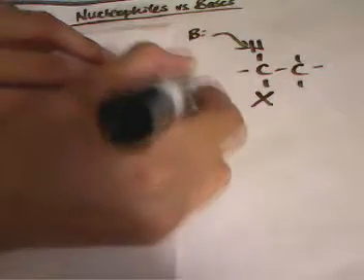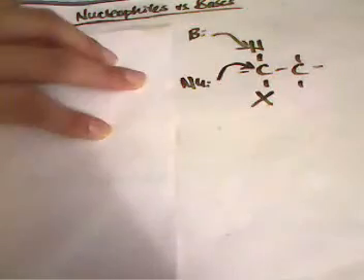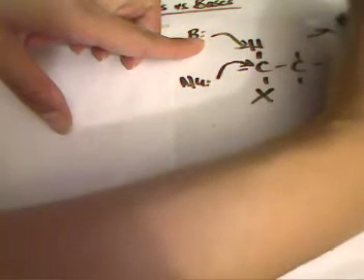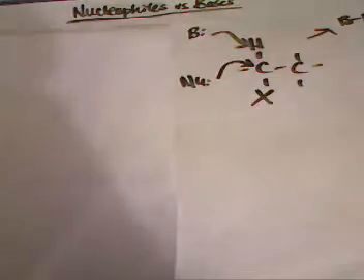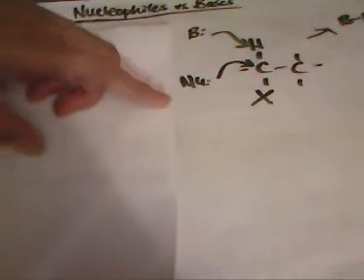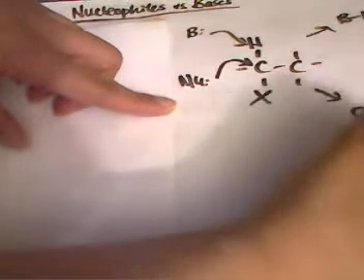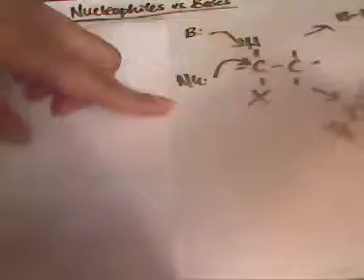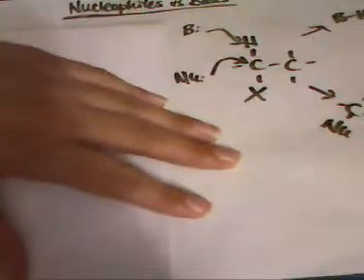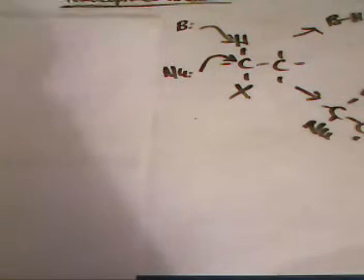A nucleophile attacks a carbon. The base removes the proton, and the proton leaves the molecule, not taking any electrons with it, and becomes part of the base molecule. The nucleophile, on the other hand, becomes attached to the substrate and replaces the leaving group. This is the main difference between a base and a nucleophile.